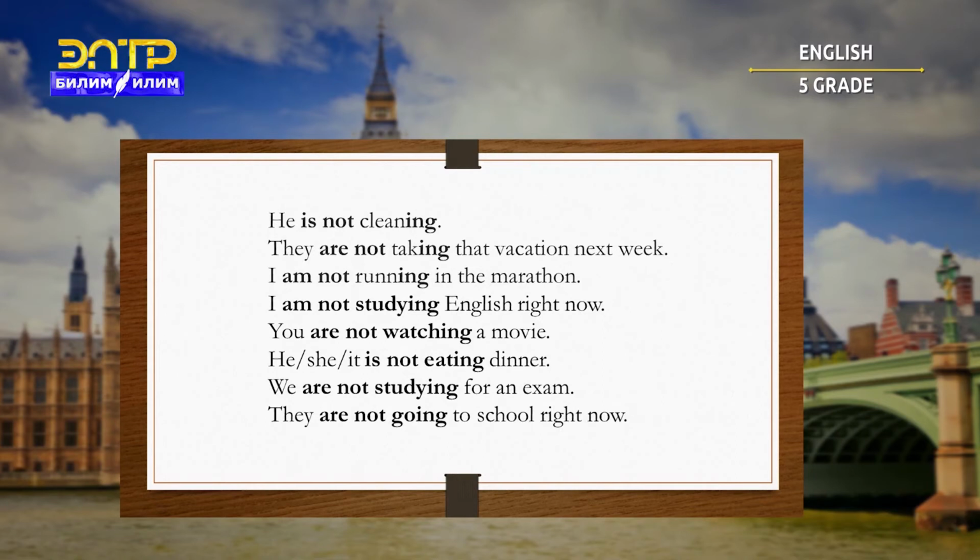I'm not running in the marathon. I'm not studying English right now. You are not watching a movie. She's not eating dinner. We are not studying for an exam. They are not going to school right now.